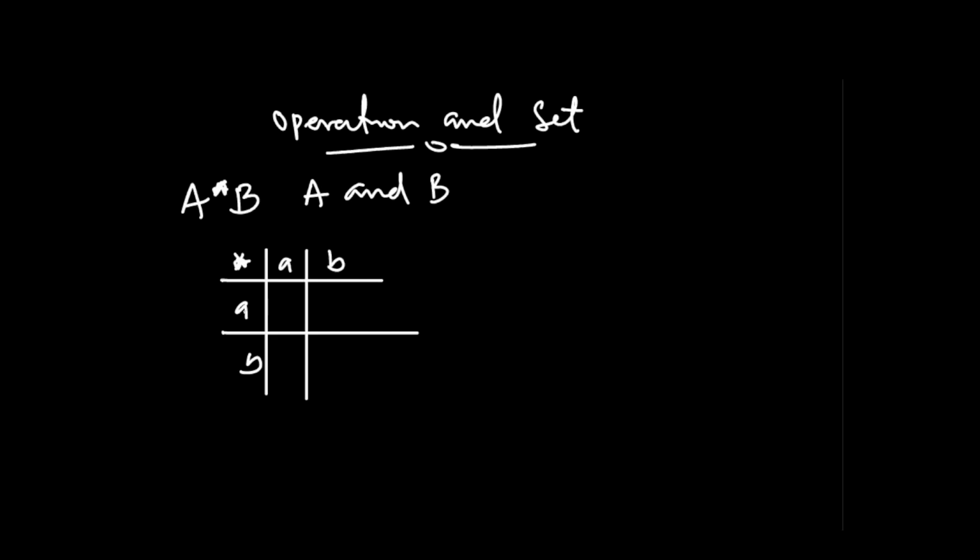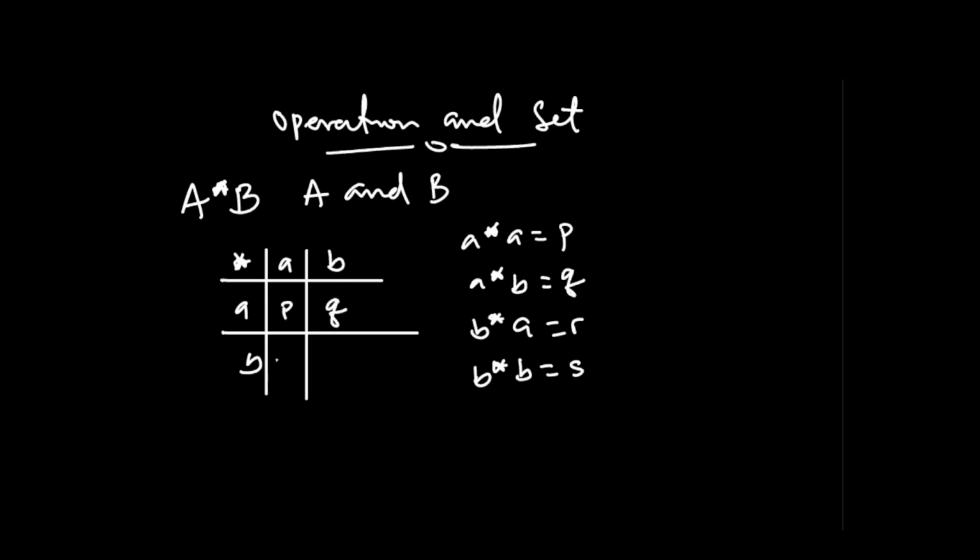Now, let's say A operation A, let it equal P, and A operation B, let it equal Q, and B operation A, let it equal R. Okay, so B operation B, that will give us S. So we are going to fill this table now. This is going to be P, this is going to be Q, this is going to be R, and this is going to be S.